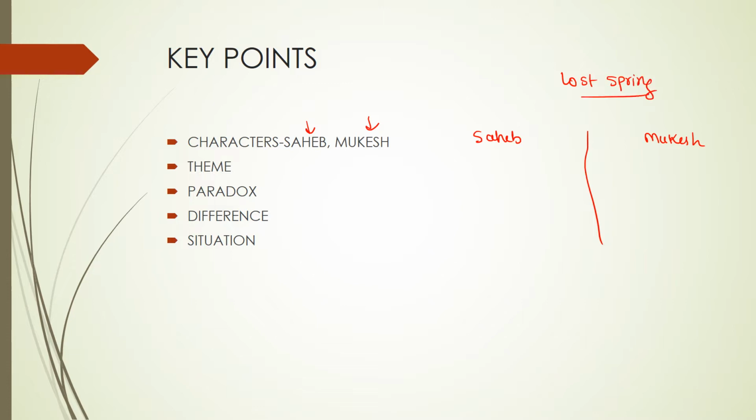Lost Spring means something negative is there. Some happiness is lost. Something is there which makes the writer able to name this lesson Lost Spring, okay? So in this lesson, the writer has analyzed the pathetic condition. These are poor children, so they live in poverty.